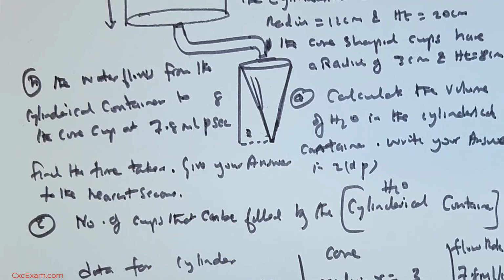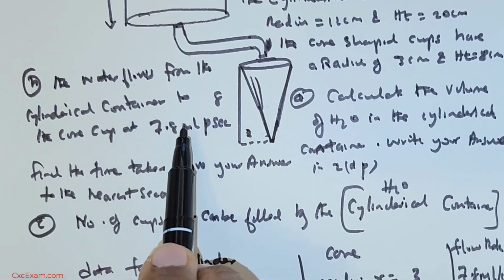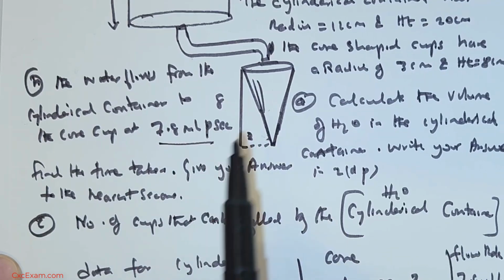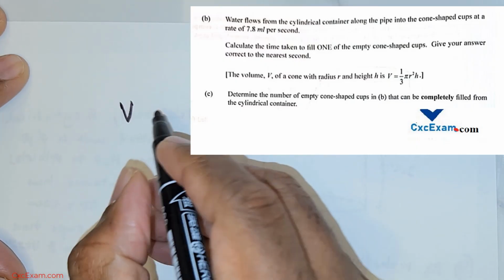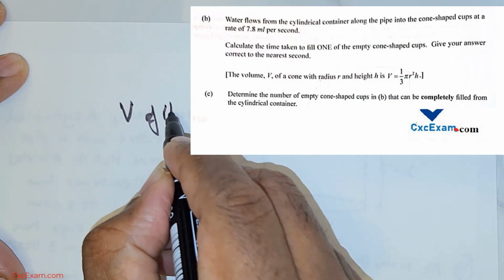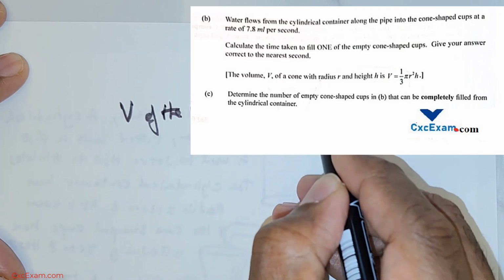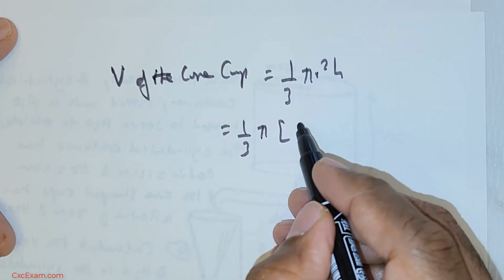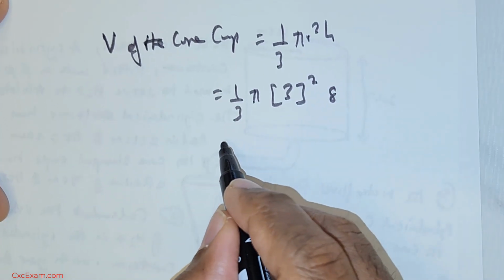Now we have to find the time taken. Okay, water flows from the cylinder to the cone cup. The rate is this, so we have to calculate the time. So for that we are given the cone, right? So volume of the cone cup, this is given as 1 over 3 pi r squared h, which is 1 over 3 pi times my radius is 3 units raised to the power of 2 times 8.